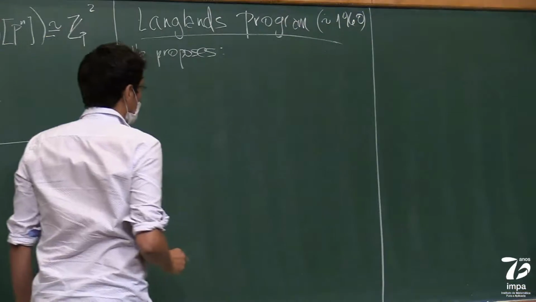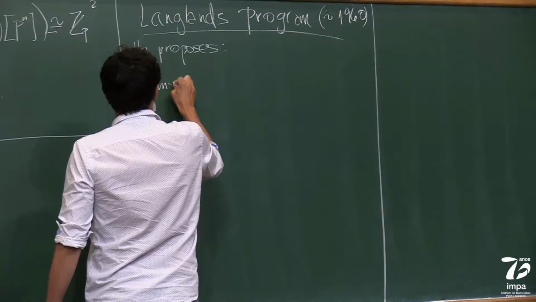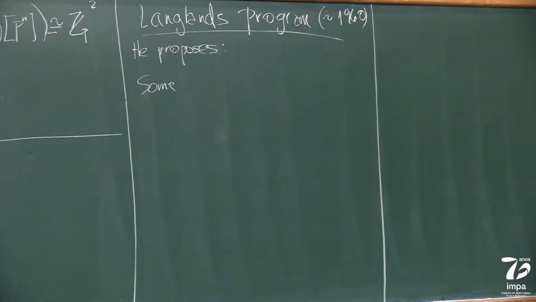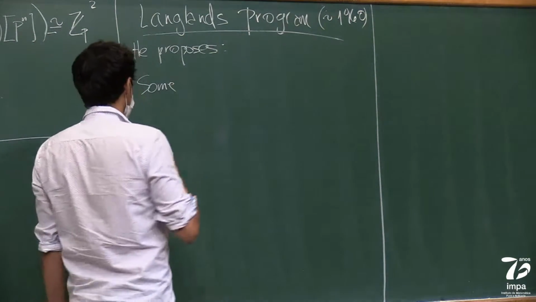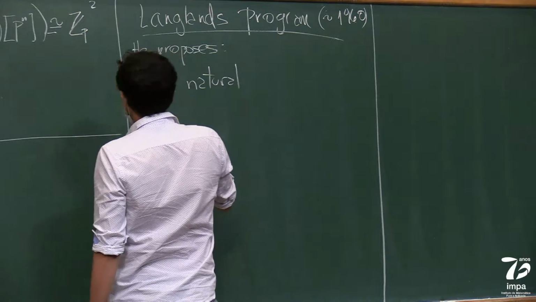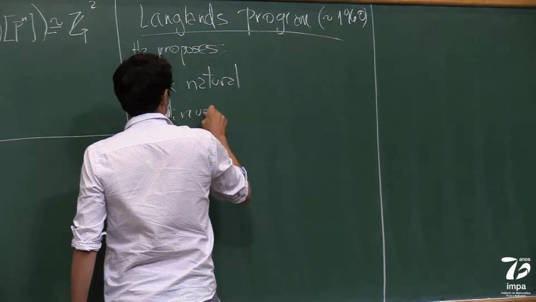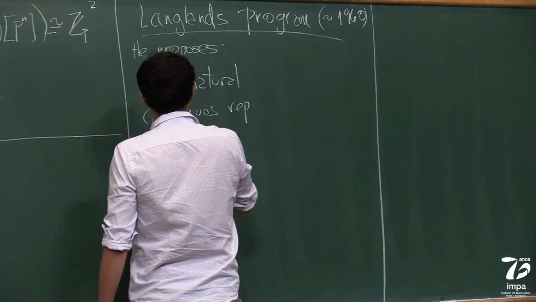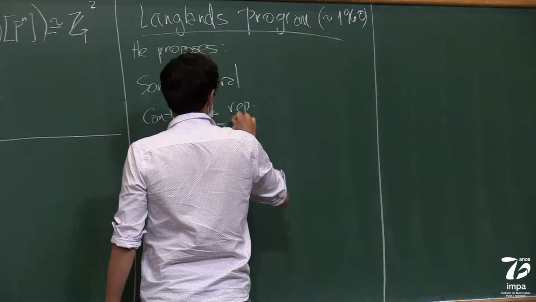From one side you have some natural continuous representations. You will consider some of them which are natural. Some natural continuous representation of this group that we are interested in.